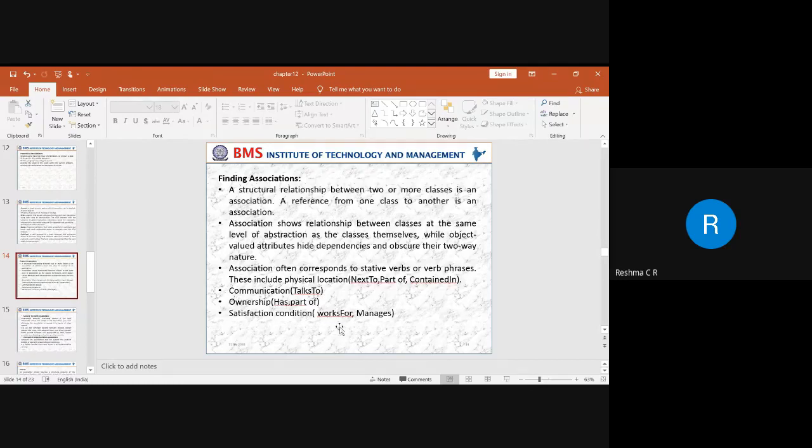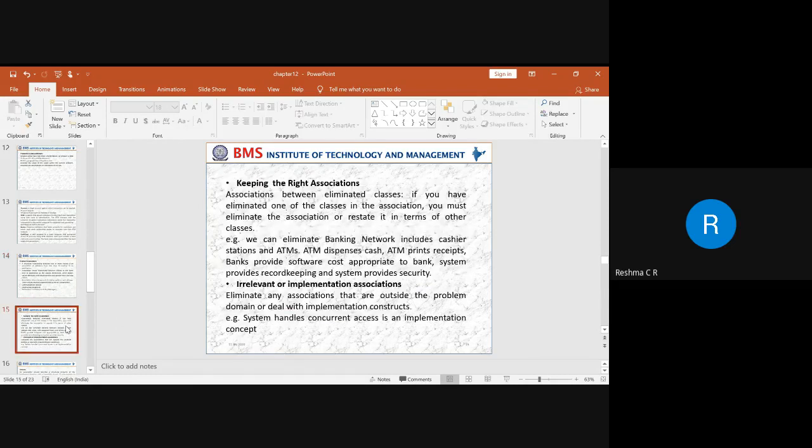For satisfying the condition, we can have examples like works for or manages. When you say a boss manages different types of workers, that is how we can take different examples based on verb phrases. We need to frame the name of an association. So next thing is keeping the right association.